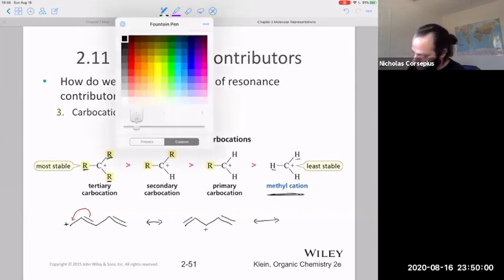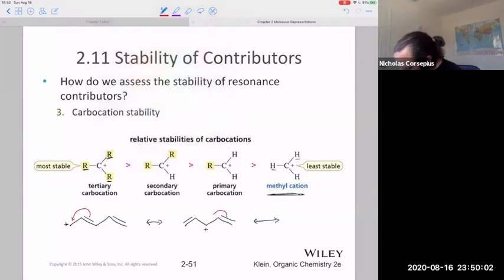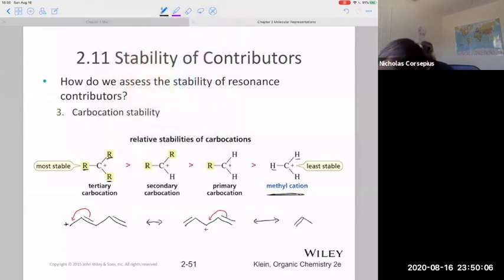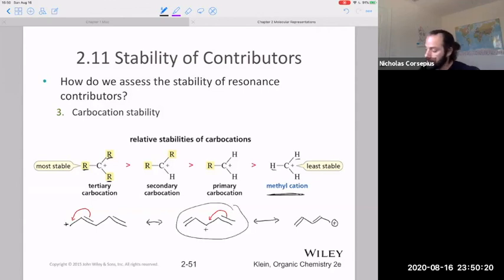And then the last step would be there. All right, so if I asked you which one of these is going to be the most stable resonance contributor, which one would you think? It's going to be the middle one here, because that's the one that has a secondary carbocation.